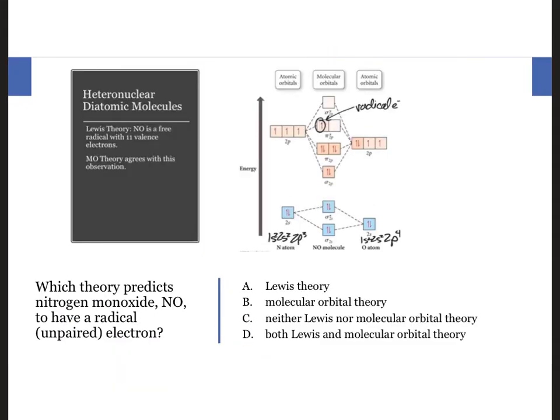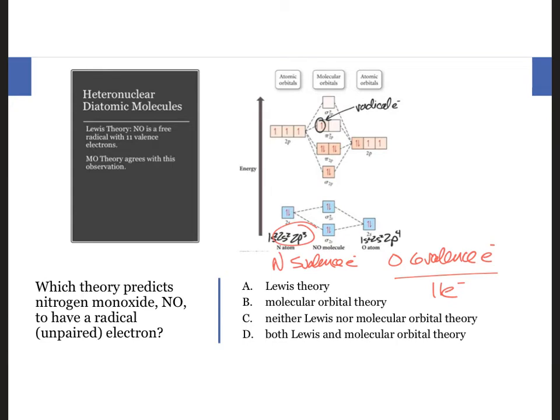Which theory predicts nitrogen monoxide, NO, to have a radical or unpaired electron? Doesn't matter what theory you're looking at, we see that the nitrogen atom is coming in with 5 valence electrons, as we see here. And oxygen is coming in with 6 valence electrons. 5 plus 6 is going to give you 11 electrons to place.